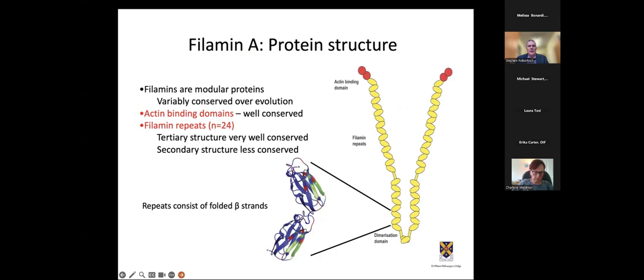But its biology and biochemical functionality extends way beyond that. On this slide, I've got a filamin dimer again, the actin binding domains in red at the top at the N terminus and the dimerization domain at the C terminus. In between those 2 moieties is a strand of 24 what we call filamin repeats. They're immunoglobulin-type repeats of beta barrels.